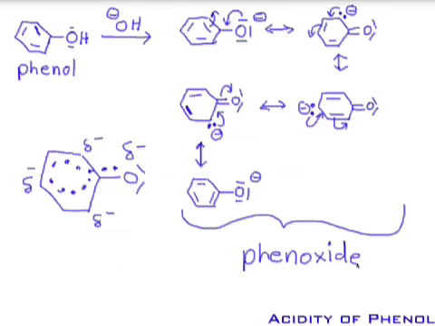I've also seen the name phenolate used, where they take phenol and add ATE for the negative charge. In this course, though, we will use phenoxide for the anion.